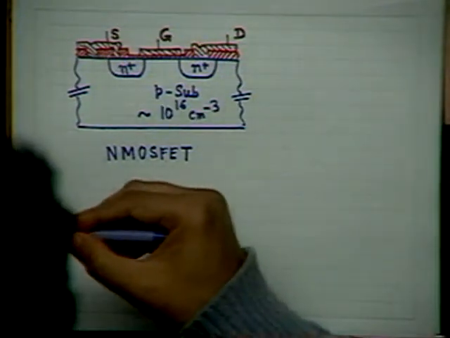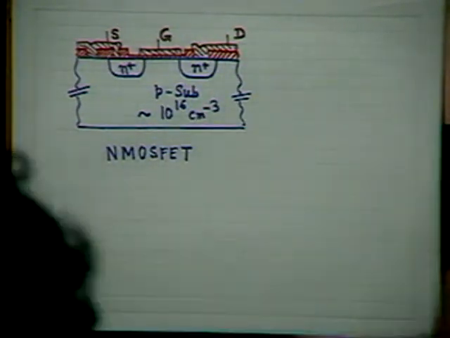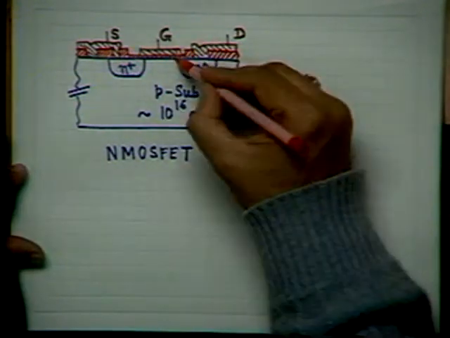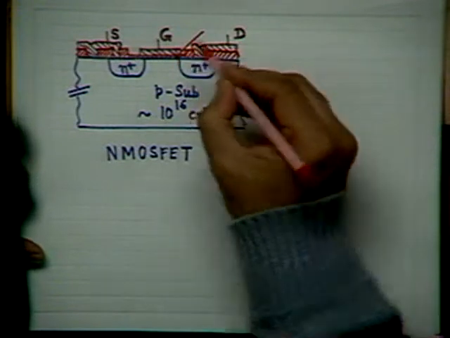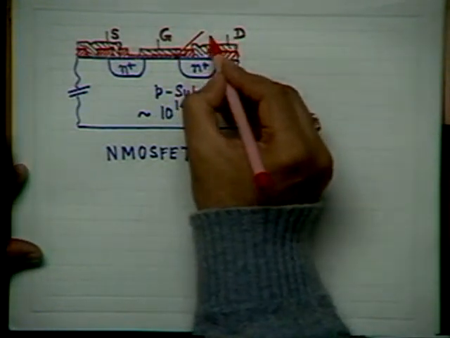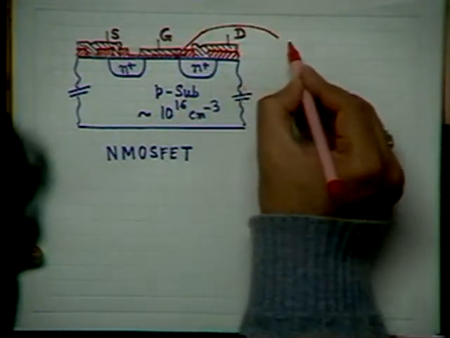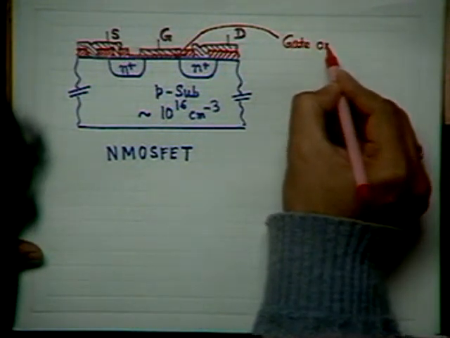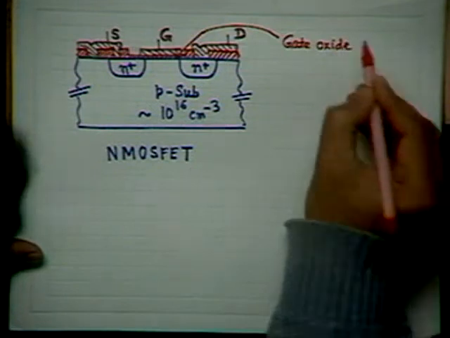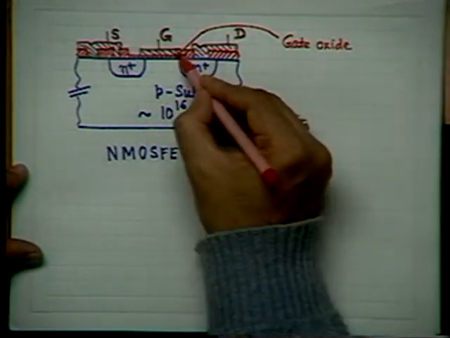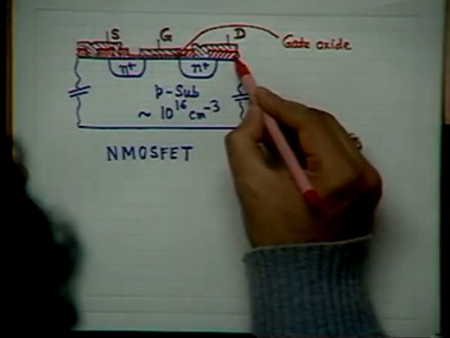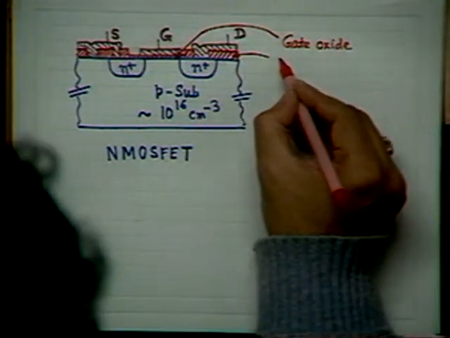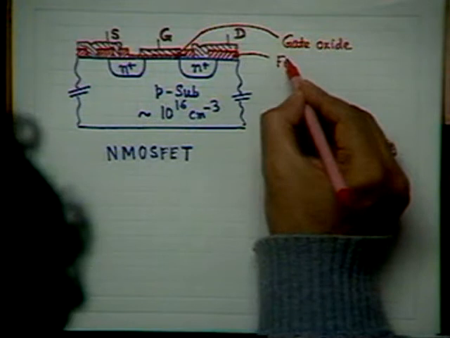This ultra thin silicon dioxide film extending from source to drain is called gate oxide. Whereas the remaining region is covered by a thick oxide called field oxide.